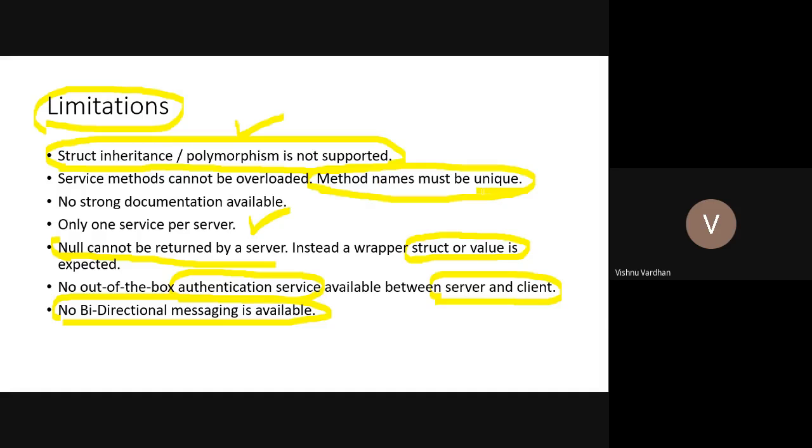Method names must be unique. Yes, some elaboration is required on your method definition. In that way, we have some alternative mechanism. So they are not something which can stop you from going into Thrift implementation. They are just some deficiencies of the Thrift engine.